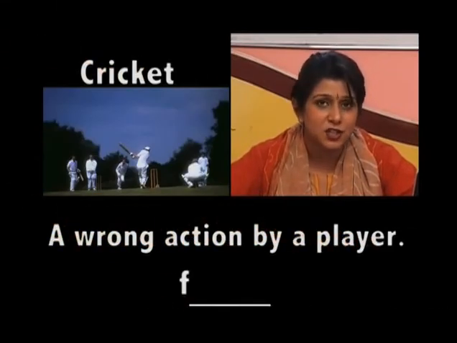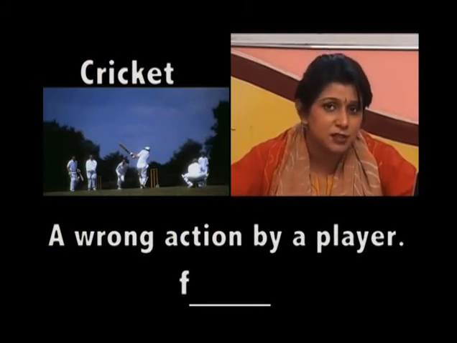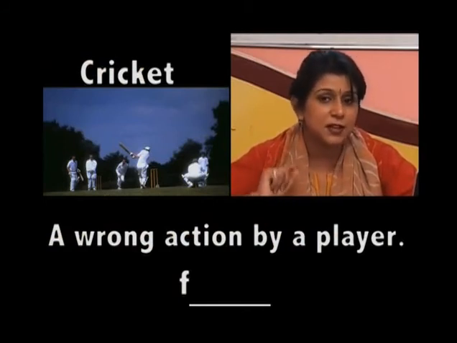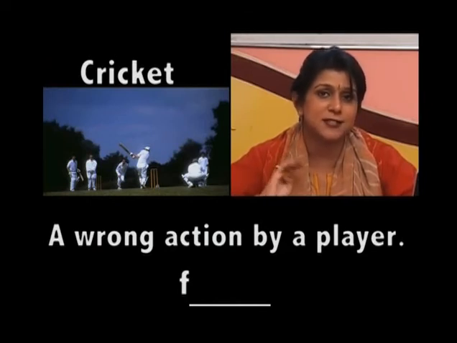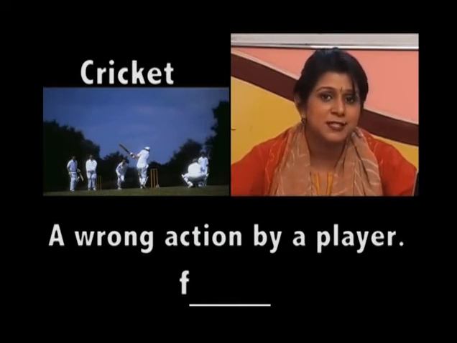So I've helped you with the first one. Now you get going with the second one. A wrong action by a player is called, and it begins with an F. It's got 4 letters. Can you guess it? That's right. It's a foul.